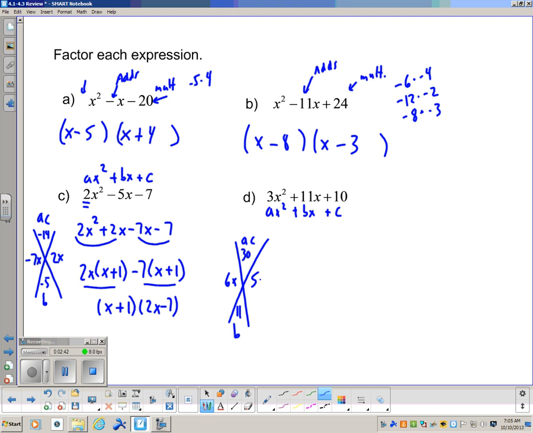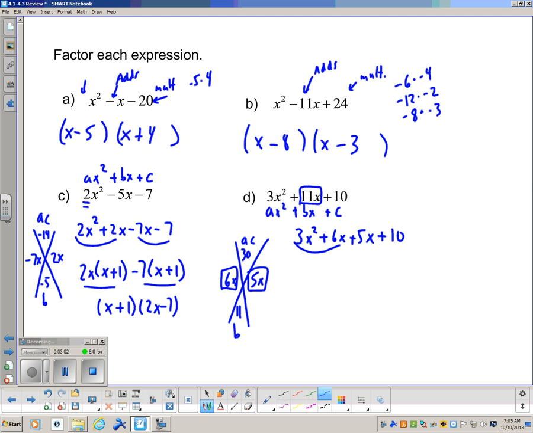So I'm going to put my x's in there. Rewriting the first term straight down, then the middle term as plus 6x plus 5x, and then writing down 10 again. So all I did was rewrite 11x using 6x plus 5x, and I left the other two terms alone.